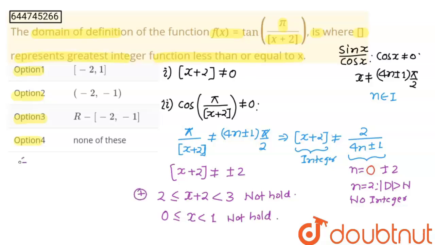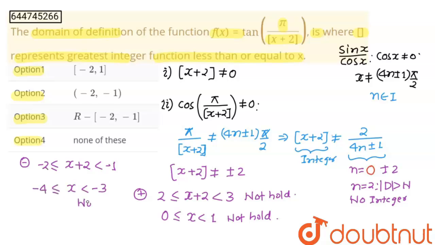And for the minus sign, I am going to write that this value is equal to minus 2. It means that x should be less than minus 3 and greater than or equal to minus 4.